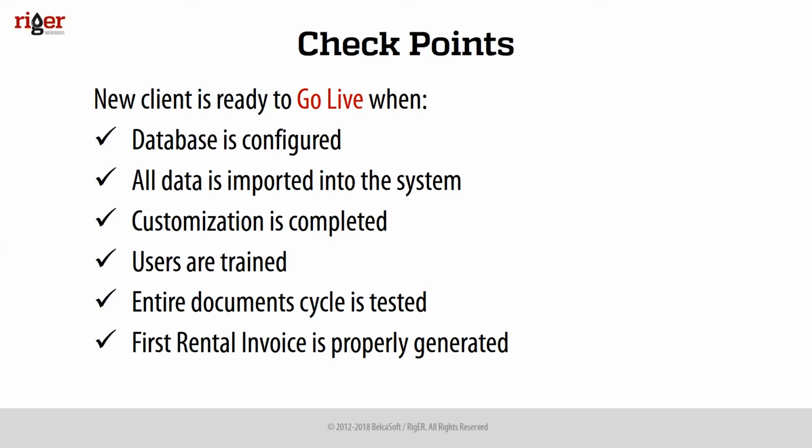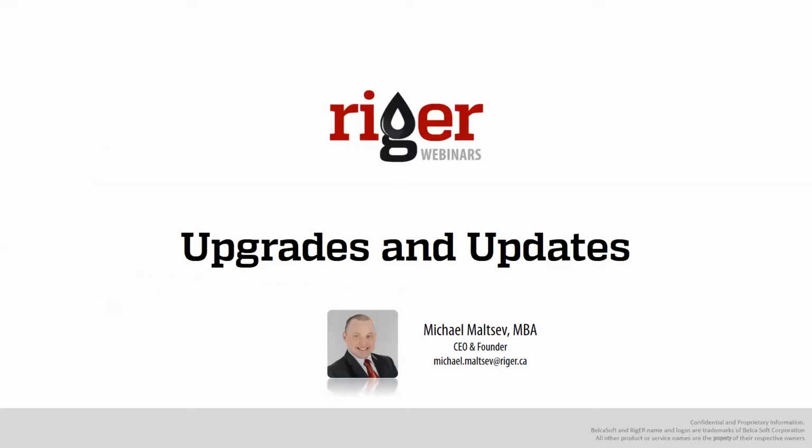After the go-live checkpoint process, we move our clients to the support stage, and now all our users are able to request support through the support desk, or just by sending us emails with their questions. And of course, we continue to deal with our clients after that implementation stage is done. Down the road, we can talk about upgrades and updates.